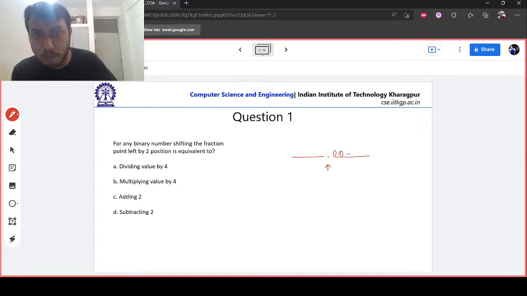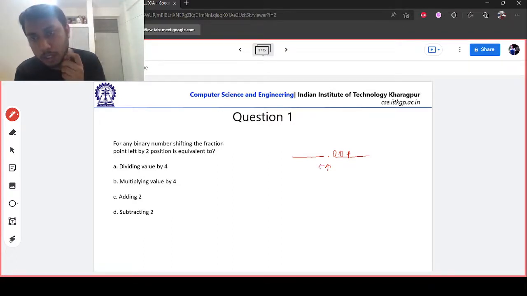If we shift the fraction point by 2 positions to the left, what will happen?